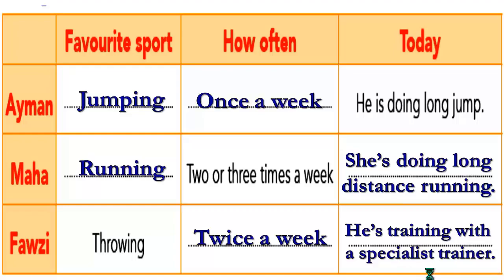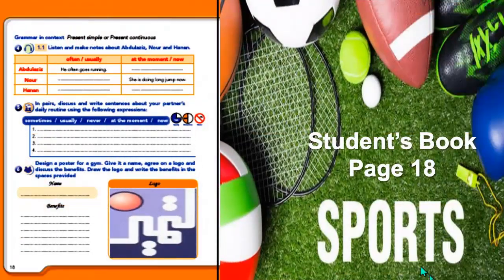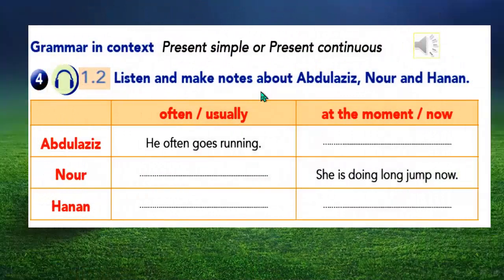Okay, now next step or next page, page 18. As you see, we have grammar in context and we have some exercises to complete them. Okay, now as you see, we have a listening one here.